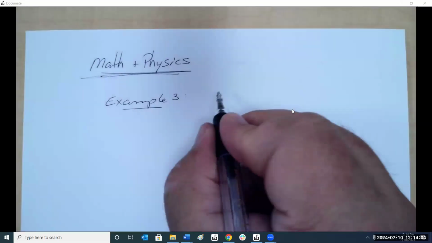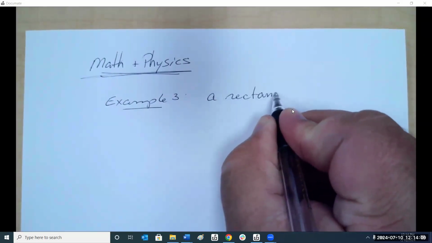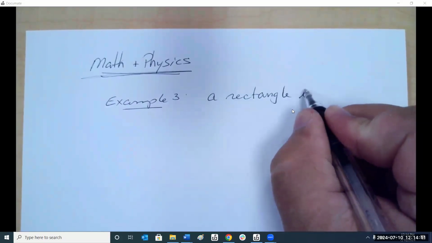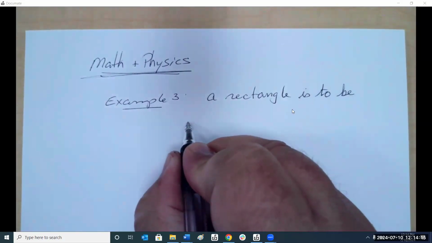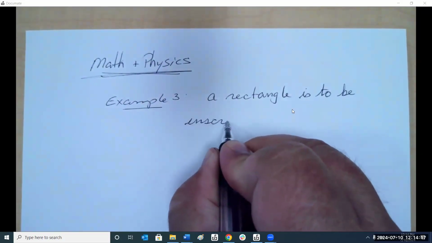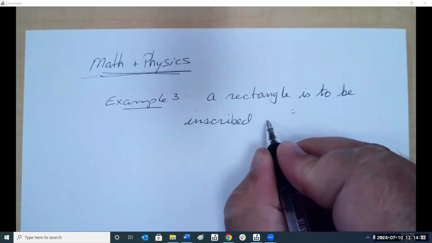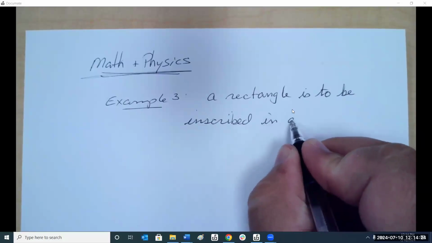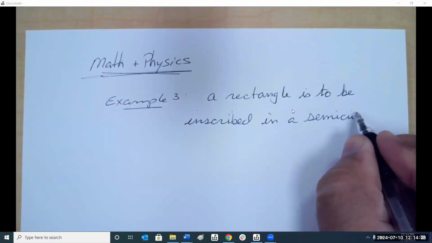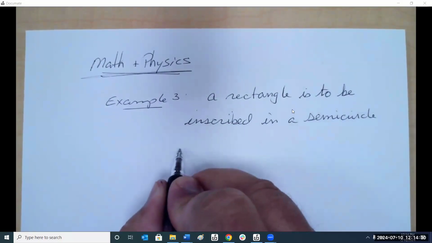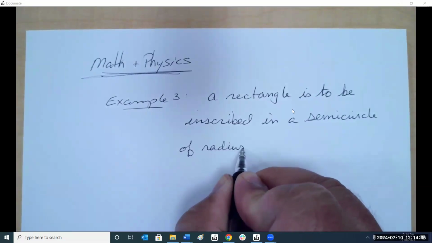Example 3. A rectangle is to be inscribed in a semicircle of radius 2.